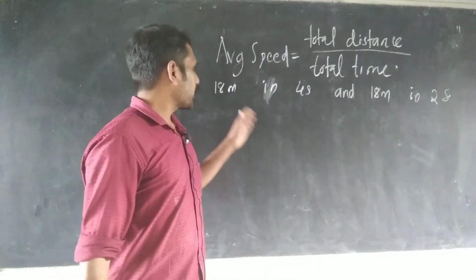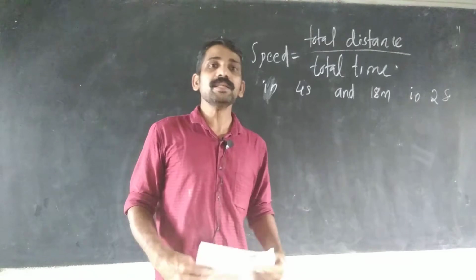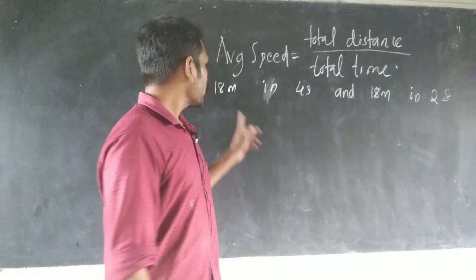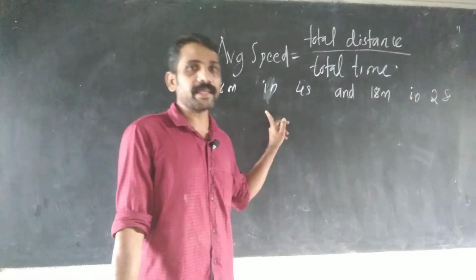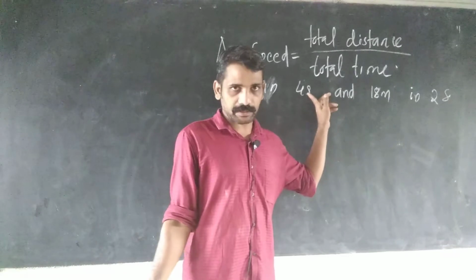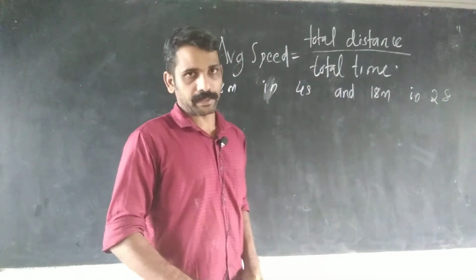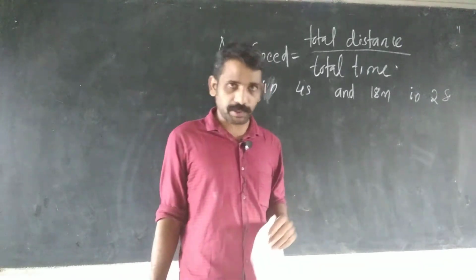This is an example, a problem to find the average speed of an object. So what is our problem? If an object travels 18 meter in 4 seconds and another 18 meter in 2 seconds, what will be the average speed of the object?